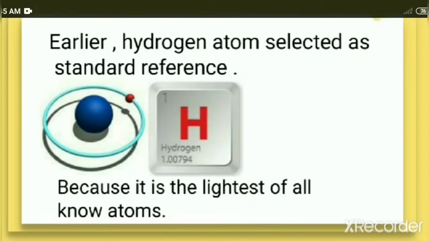So at first, hydrogen is selected as the standard reference. That means hydrogen is taken as 1 and other atoms are taken with reference to this, because hydrogen is the smallest size atom.